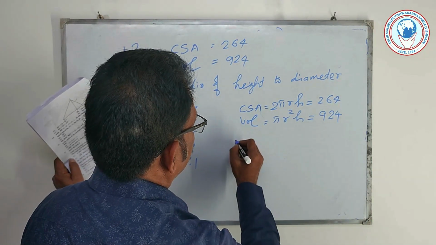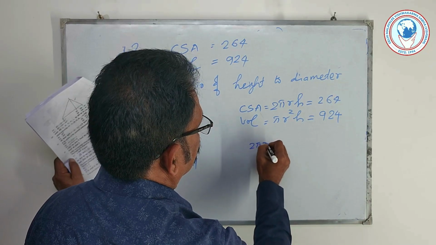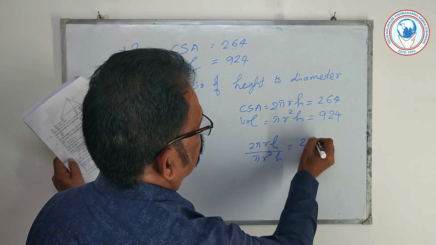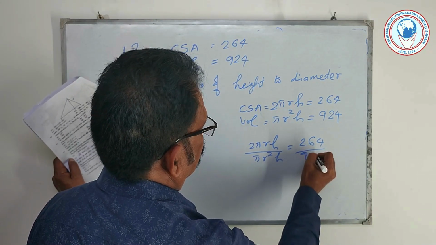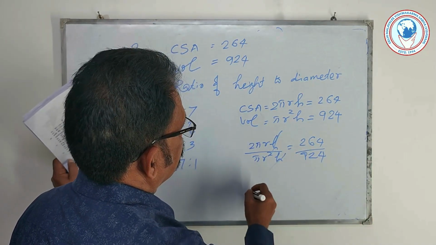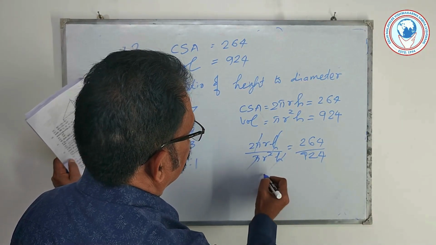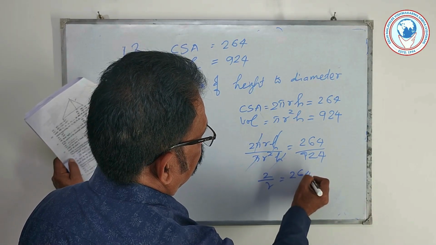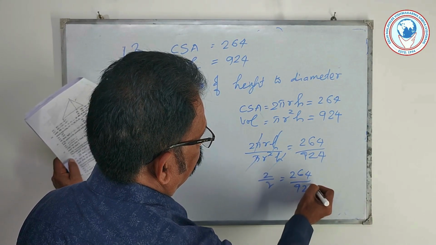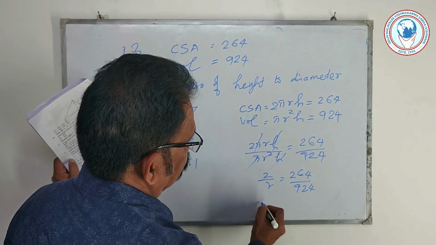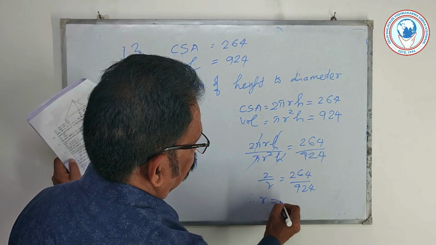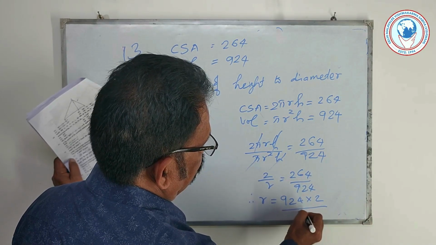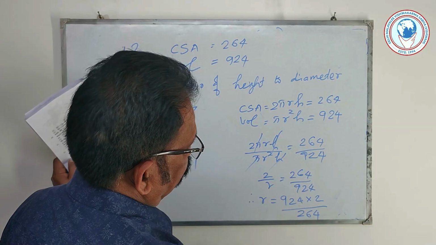Dividing, h cancels, pi cancels, one r is cancelled. Therefore 2 by r is 264 divided by 924. Therefore r is equal to 924 into 2 divided by 264.